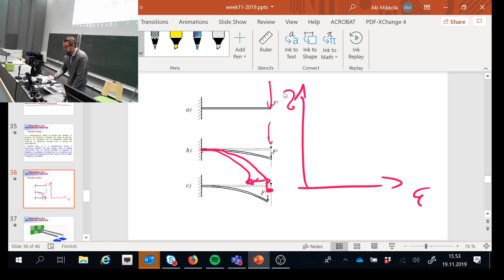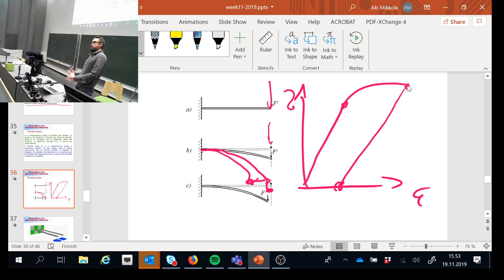They are typically linear until they reach a certain point, and after this point they become nonlinear when plastic deformation takes place. And if plastic deformation takes place, once you take the loading off, the system does not come back to the original configuration, but has a certain amount of plastic deformation.